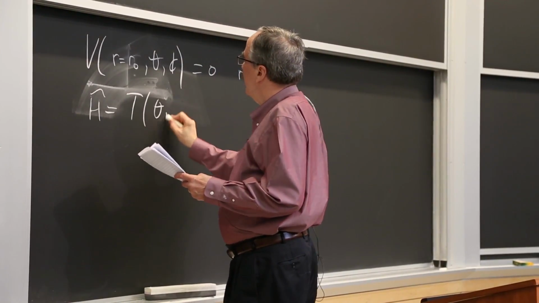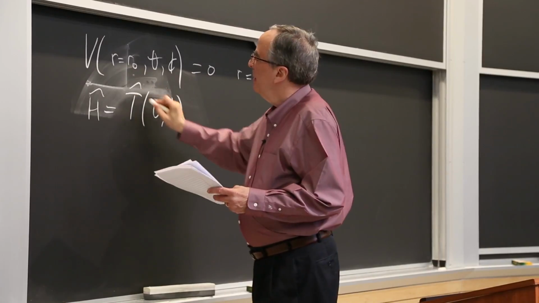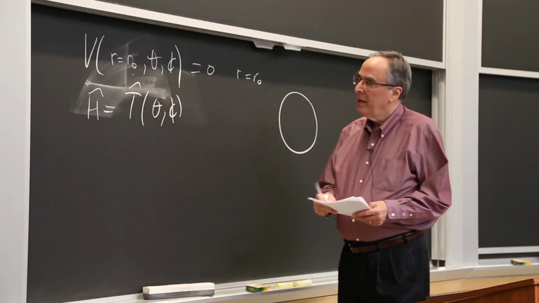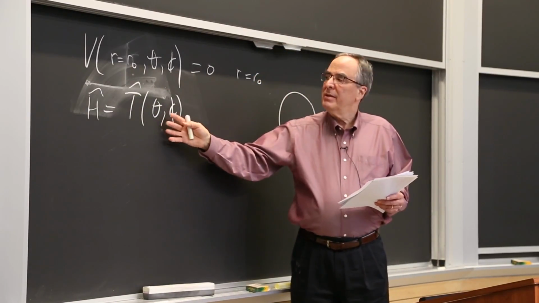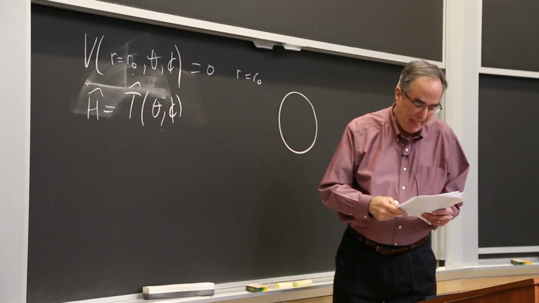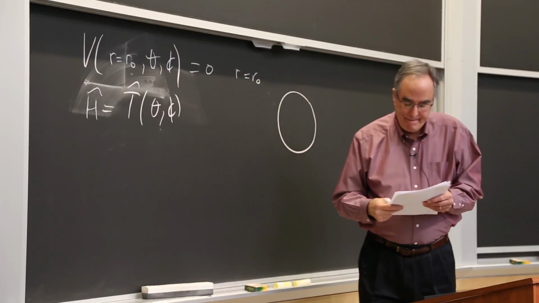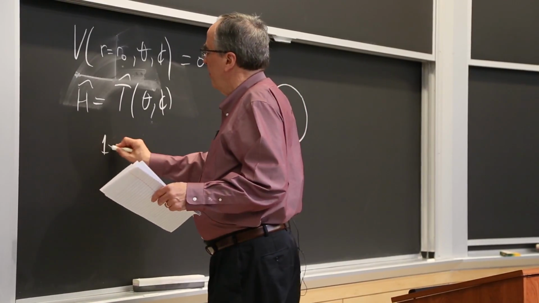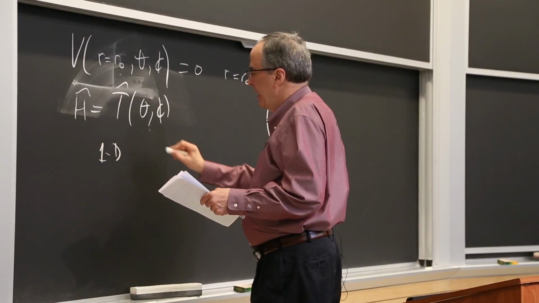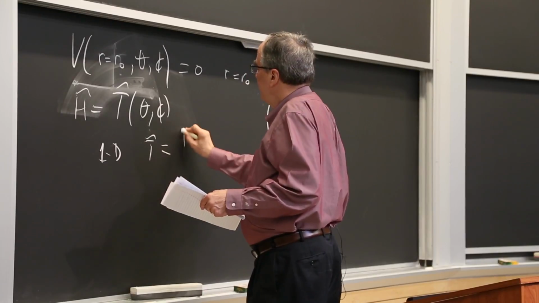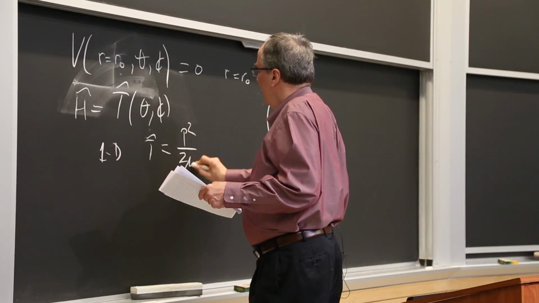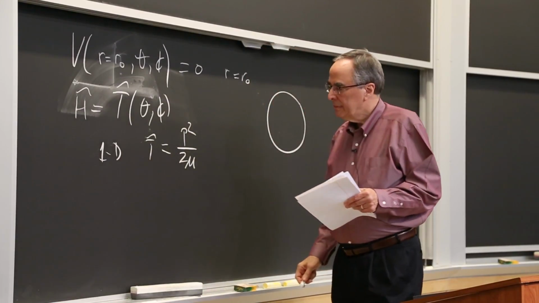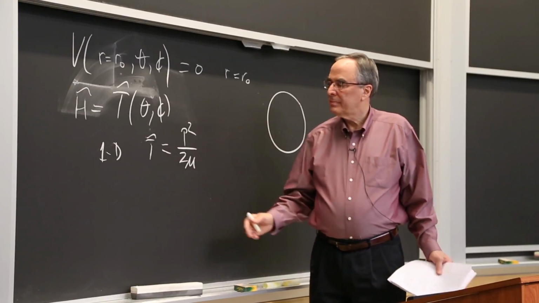Okay. So because the potential is constant as long as R is fixed, the Hamiltonian is just the kinetic energy, T. Okay, and so we have to understand this kinetic energy. For 1D problems, the kinetic energy is p squared over 2 mu, the linear momentum.